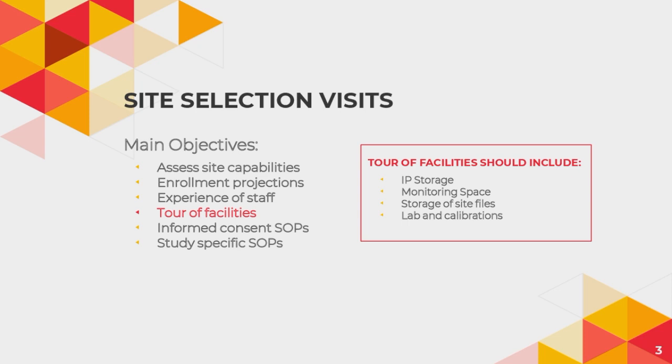Which one of these do you think is most important? Enrollment projections, right? By far, you think? By far. Okay. You disagree? No. I just think every study is different, but the main focus obviously is to enroll on time. But then sometimes you have studies where the FDA is looking for certain things.